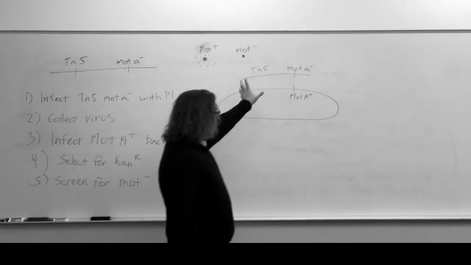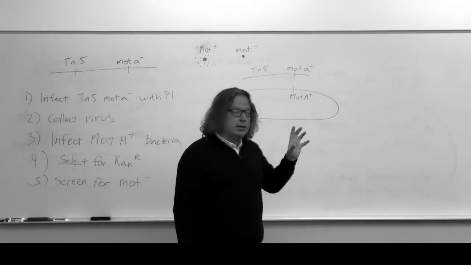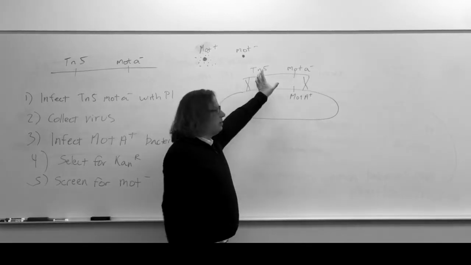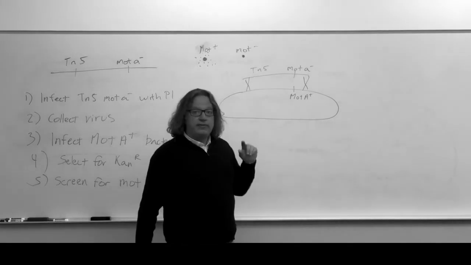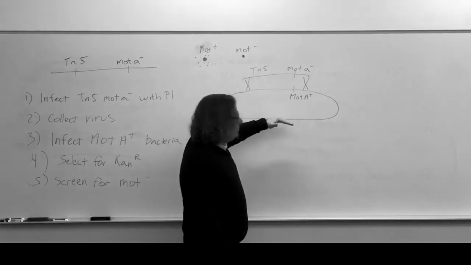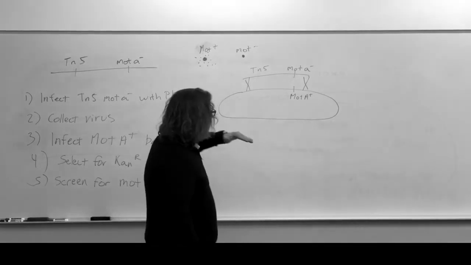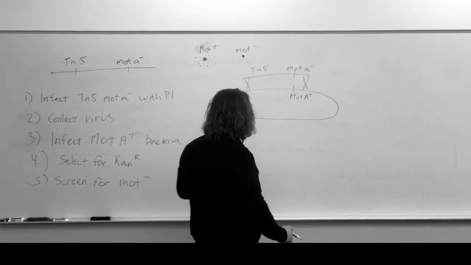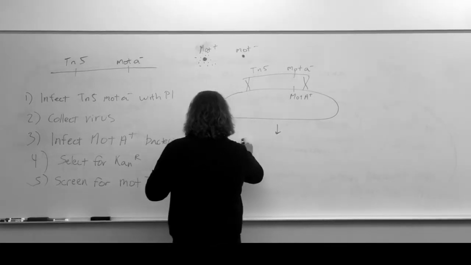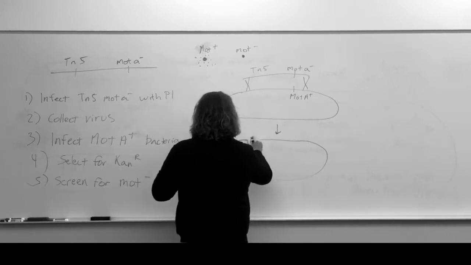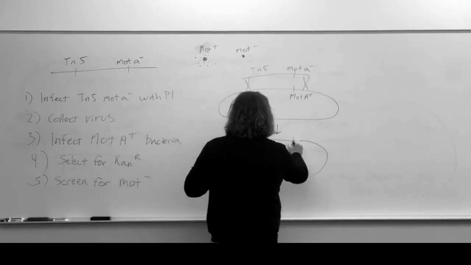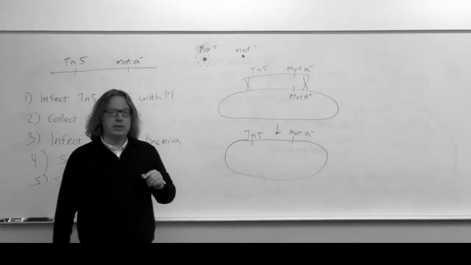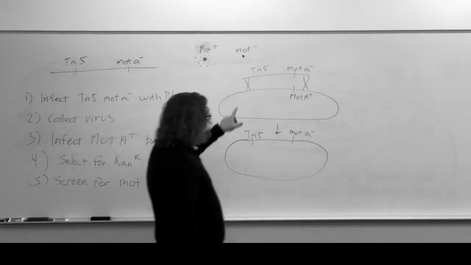And so when this piece of DNA comes into the target cell, at some frequency, you'll have a recombination event that essentially swaps this entire chunk of TN5 MOT-A minus into the target chromosome. So you have a recombination event that actually replaces this MOT-A plus with a MOT-A minus. And so the resulting bacterial chromosome will have TN5 and be MOT-A minus.